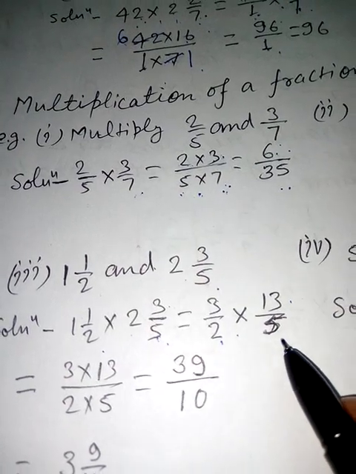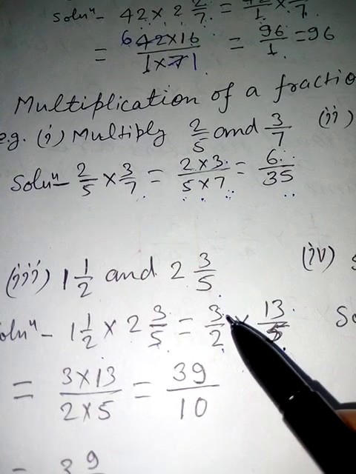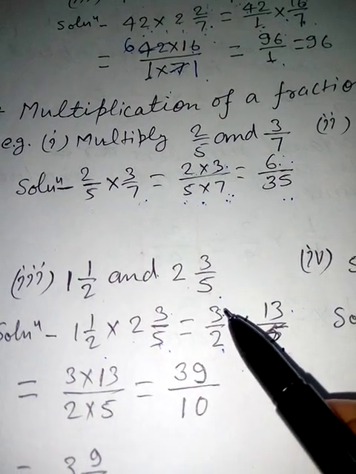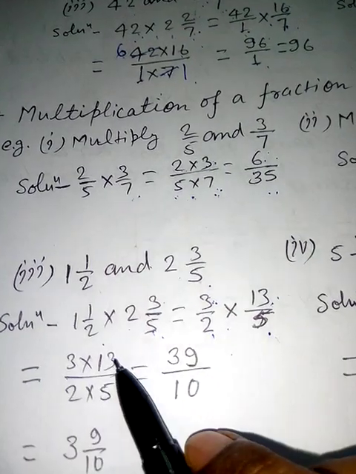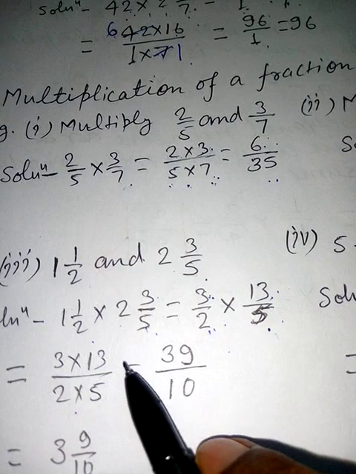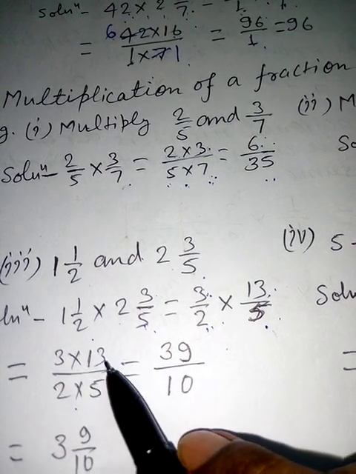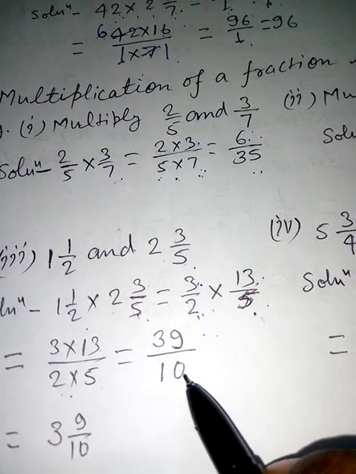Okay. Here you cannot reduce, so write it as it is. Write 3 into 13 in the numerator and 2 into 5 in the denominator. Now it is not reducible, so you just multiply, 13 threes are 39 and 5 twos are 10.